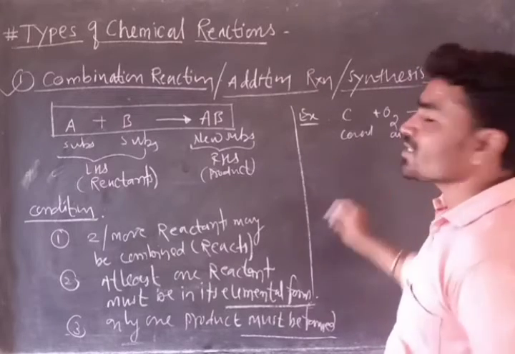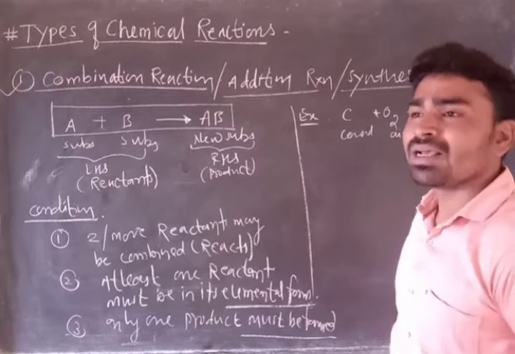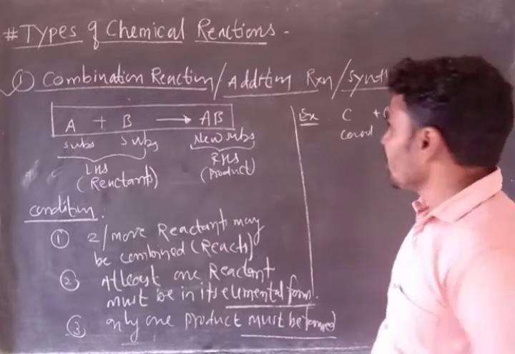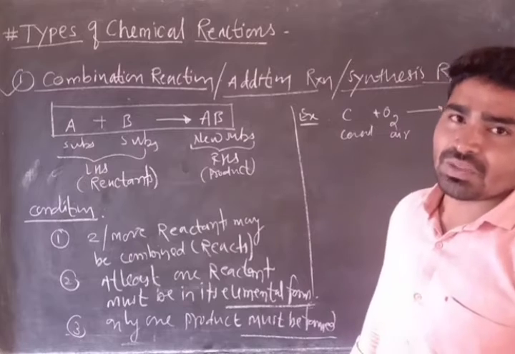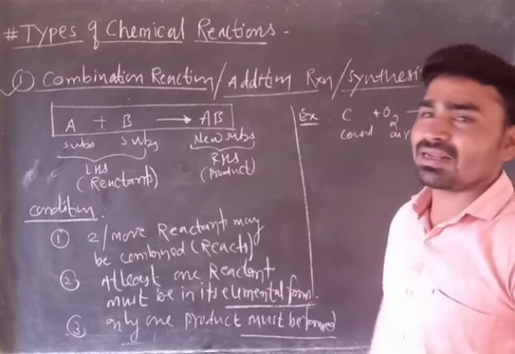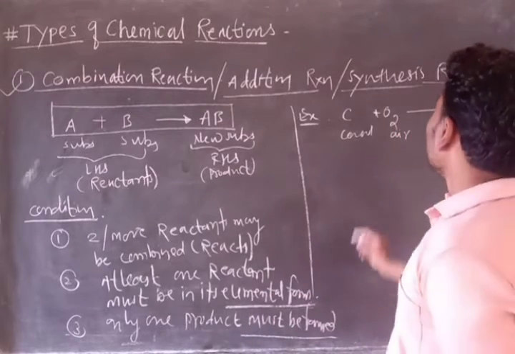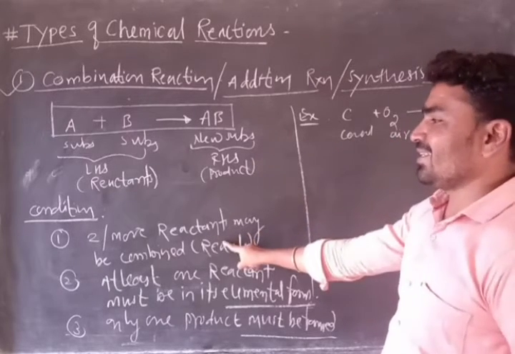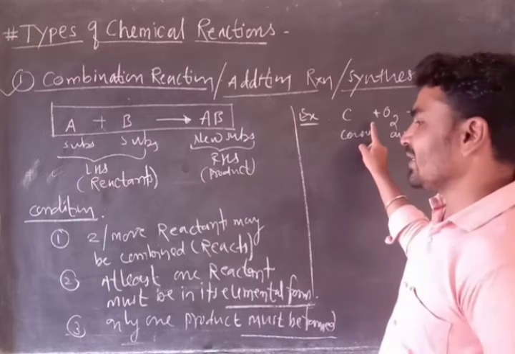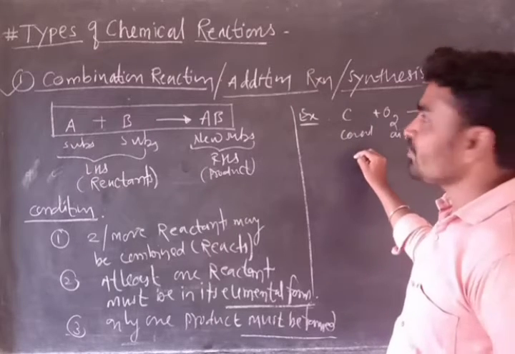If the oxygen is in sufficient amount, or in excess. When oxygen is less, it will give carbon monoxide. Remember, dear students, you will learn this in detail in higher classes. So here you get the idea. The first condition is satisfied because there are two reactants reacting with each other.